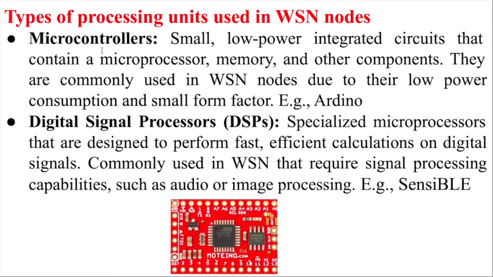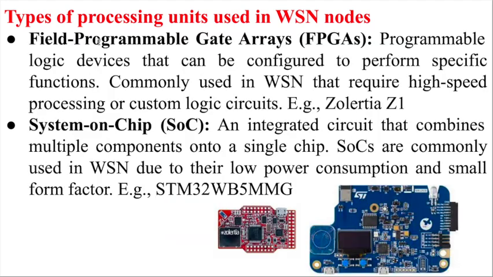One is very small, the microcontroller. Then, if you use signal processing such as audio and images, DSP. Video is a little bit high for a wireless sensor network and is usually not supported, but audio and image is possible. Then we go to the FPGA, which is high speed and customized based on your requirement.